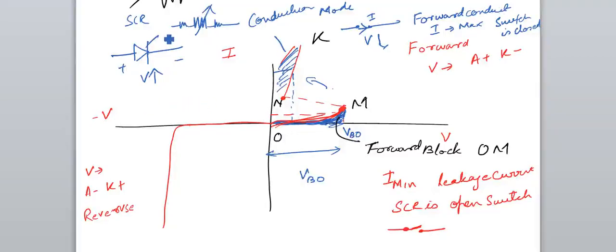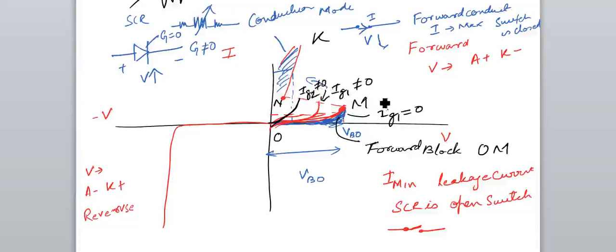Or you can give gate current. Right now gate current is 0. If you give gate current not equal to 0, then your characteristic will go like this. Here gate current is 0, in this part gate current is not equal to 0, and here gate current is also not equal to 0.